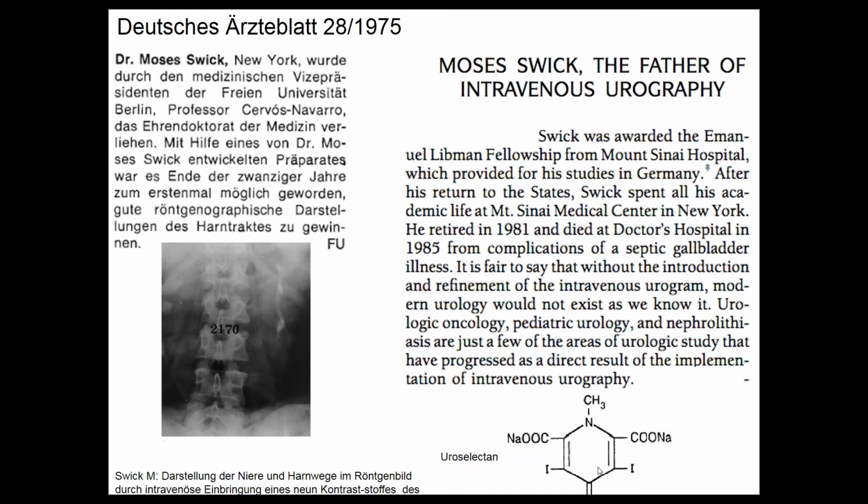Incidentally, in the issue of the Klinische Wochenschrift that included this paper, there's also the paper by Werner Forssmann showing the first cardiac catheterization. And these two techniques were then quickly combined to allow imaging in the vascular tree.